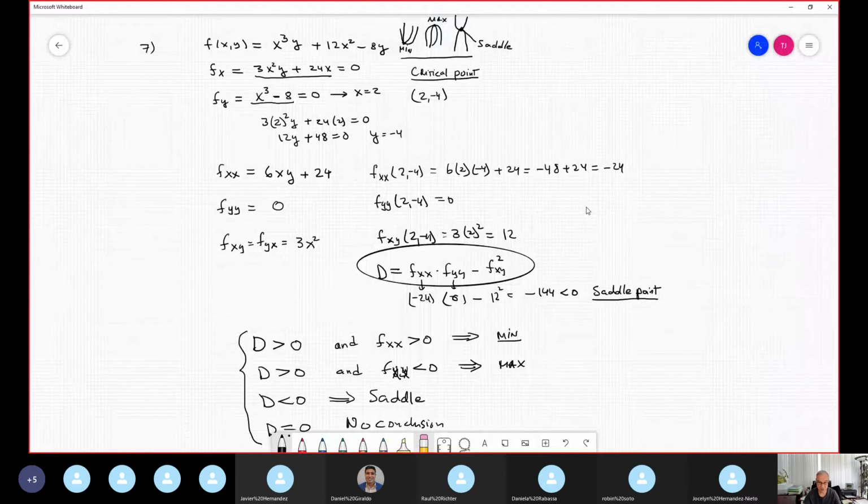If it is negative, it is a max. If the discriminant D is negative, definitely I don't need to look any further, it is a saddle point. Okay? It's super easy.